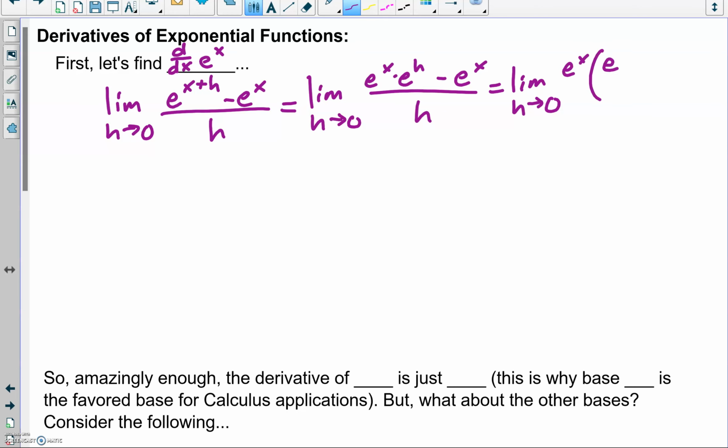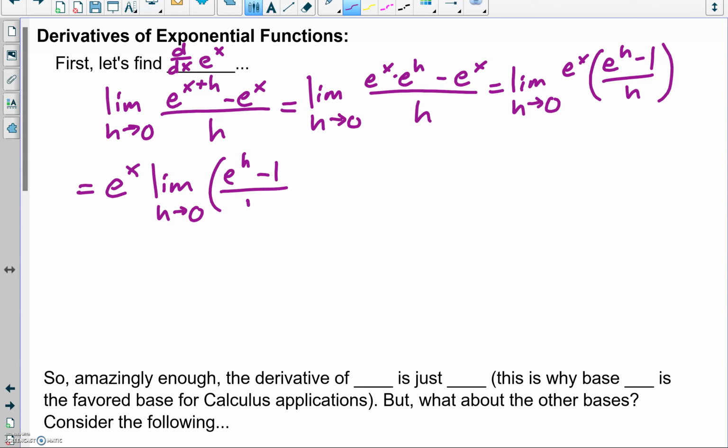So we have e to the x out front, and then (e to the h minus 1) over h, just grouping that together. And now e to the x doesn't have an h in it, so it's technically a constant relative to the limit. I can pull that out front, so e to the x. And now I've got this limit as h goes to 0 of (e to the h minus 1) all over h. It's like, okay, how do we evaluate that?